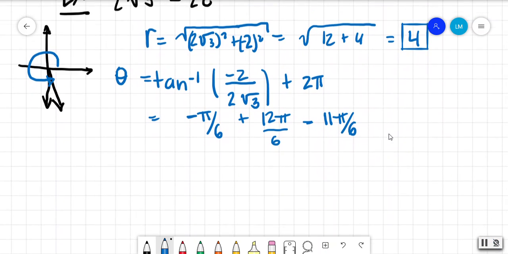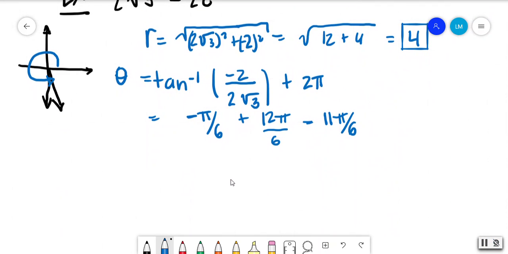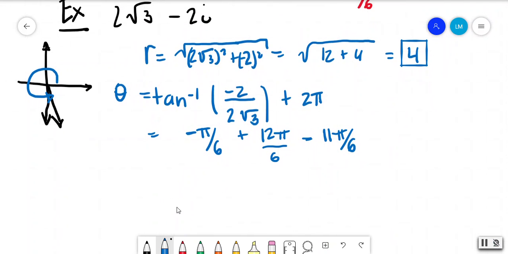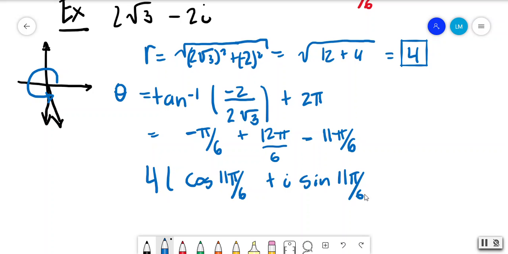Okay, so from there we have everything that we need. The complex number is going to be 4 multiplied by cosine of 11 pi over 6 plus i sine of 11 pi over 6.